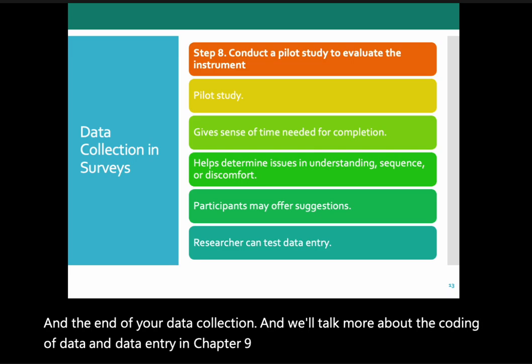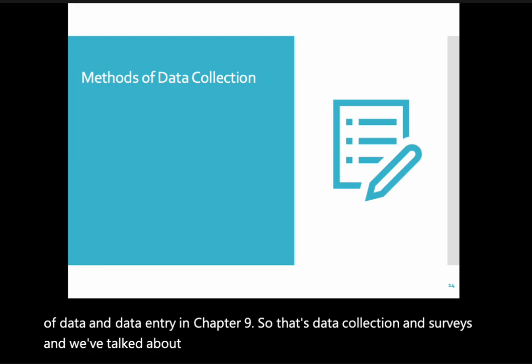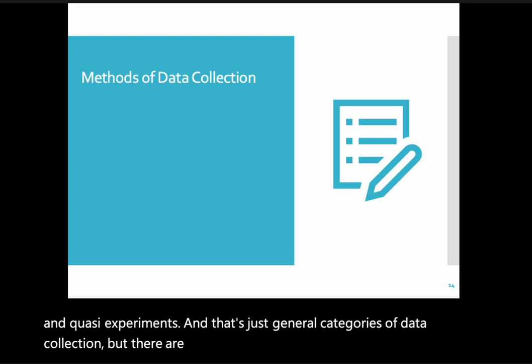So that's data collection and surveys. And we've talked about data collection and surveys as well as experiments and quasi-experiments, and that's just general categories of data collection. But there are different ways that you can actually go about collecting data.